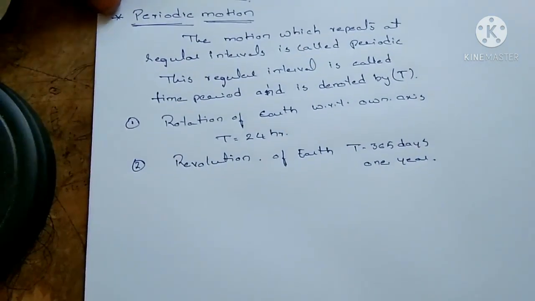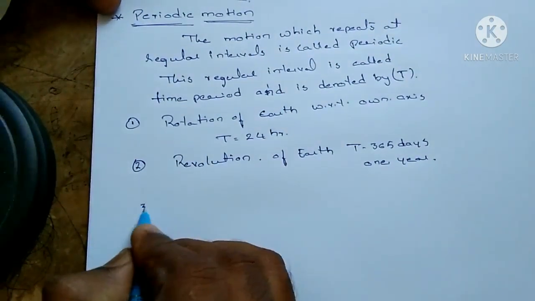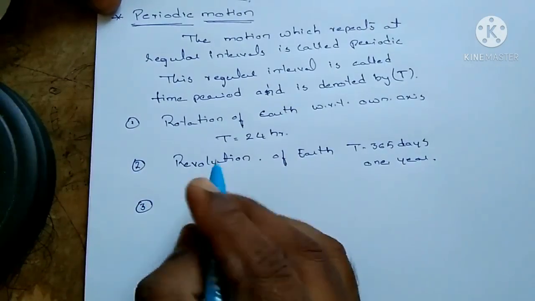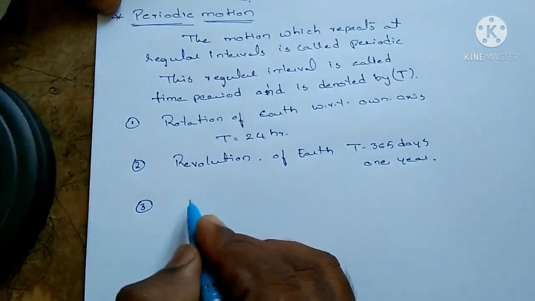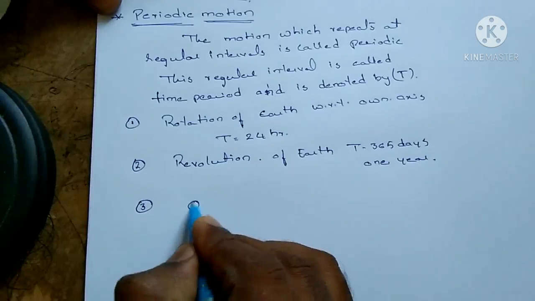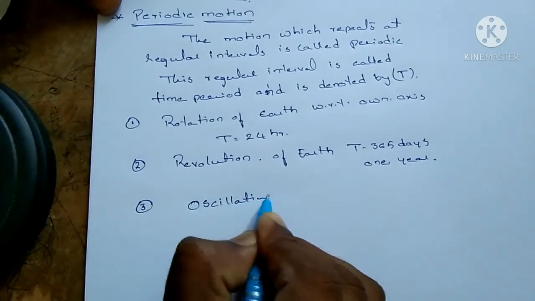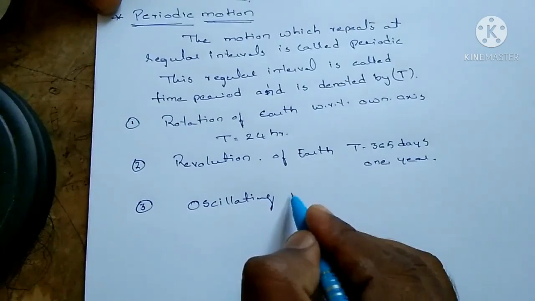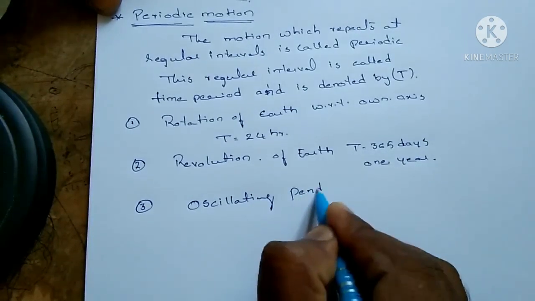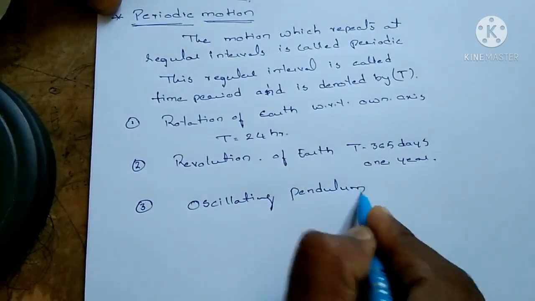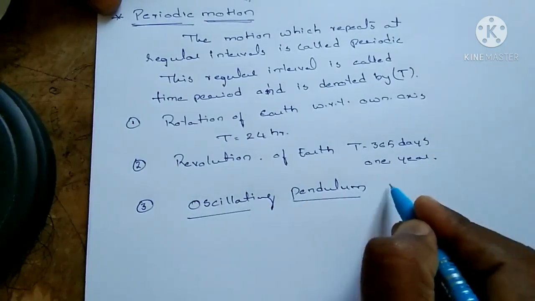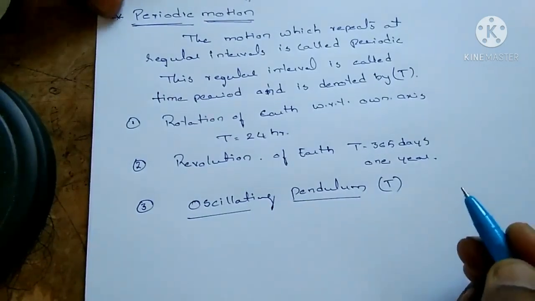And the third example I can give you is an oscillating pendulum. So we can even define the time period of that particular oscillating pendulum also.